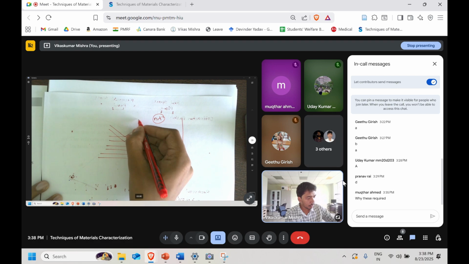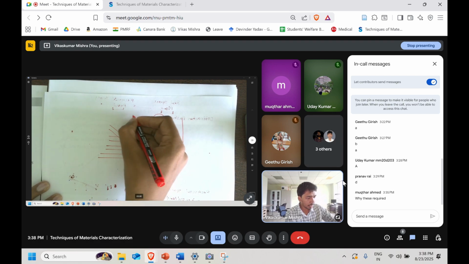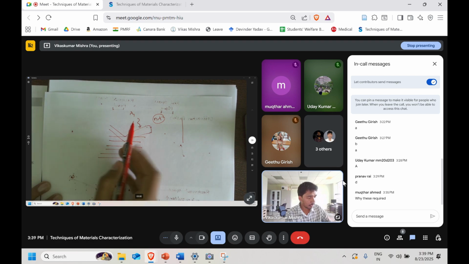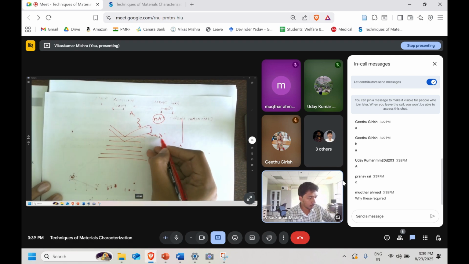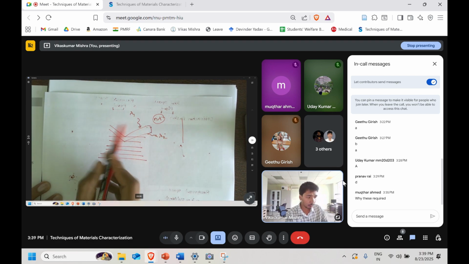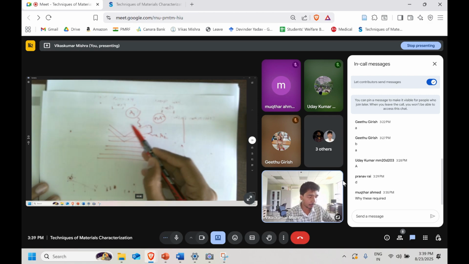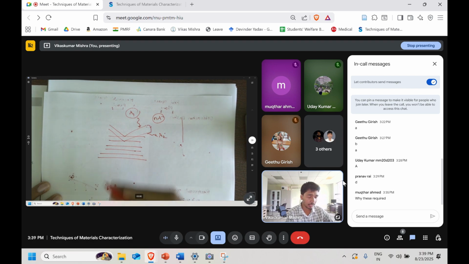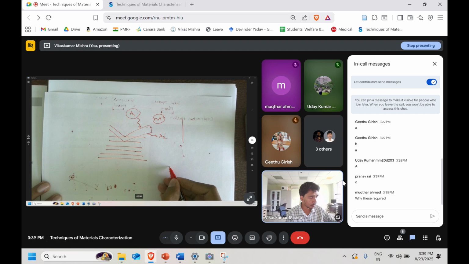So what will the first one try to do? Let's say the first one has some particular wavelength, lambda 1, and the second one has wavelength lambda 2. They are slightly deviated, so the first one will try to find an X-ray that is exactly in phase, with a path difference of n lambda.